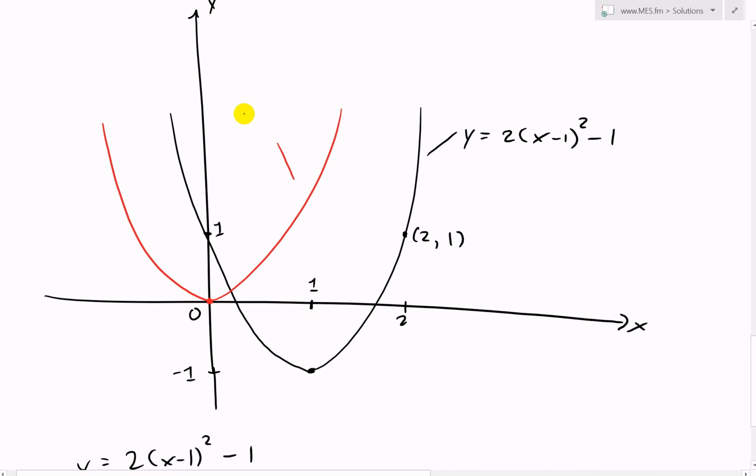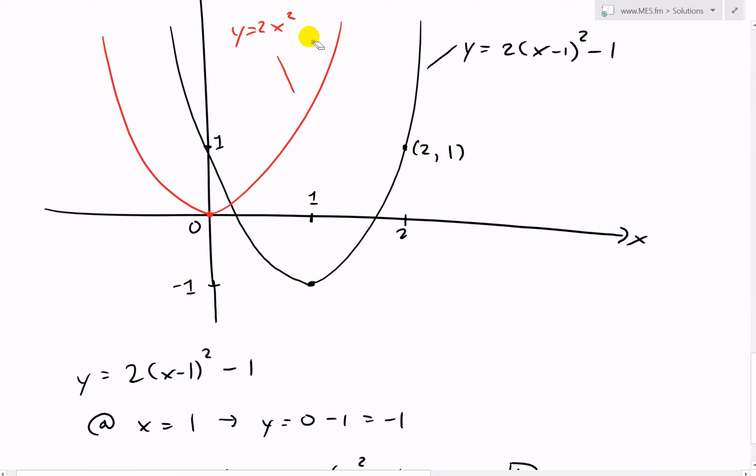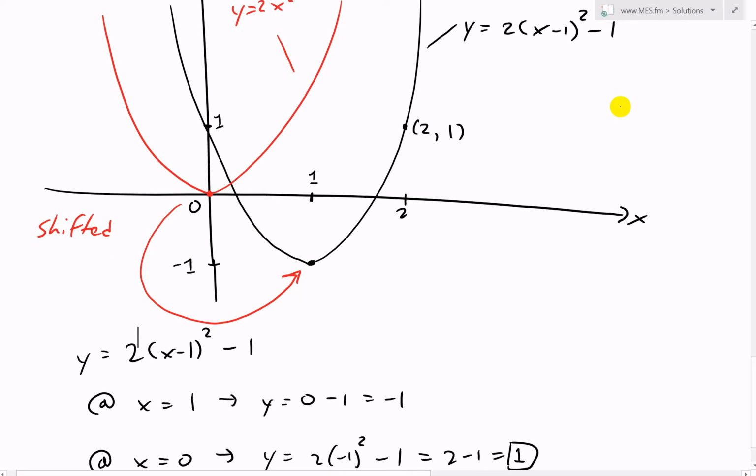This is our y equals 2x squared, and the origin is the vertex over there, and then this is shifted over here. I'll draw a better arrow, shifted all the way around. The vertex is at 1 and -1 over there.